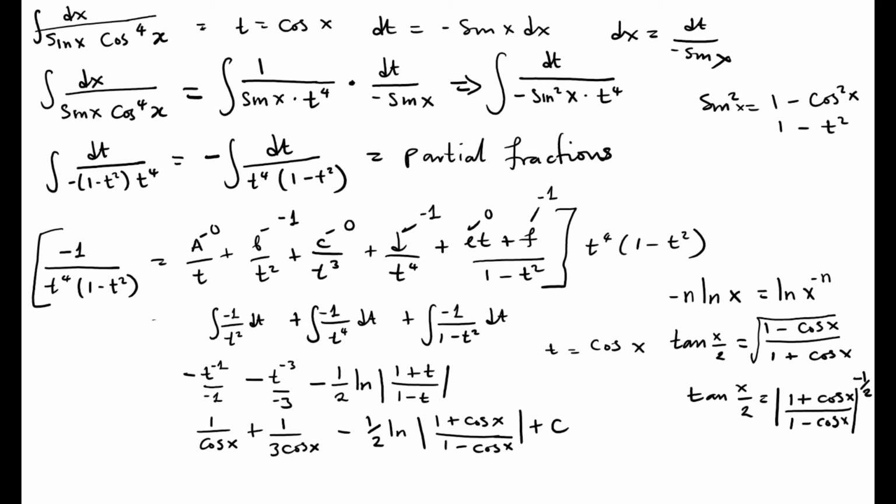So this one is the same as this one. So your final answer will be 1 over cos of x plus 1 over 3 cos cubed of x plus ln tan of x over 2 plus c. So this will be your final answer.